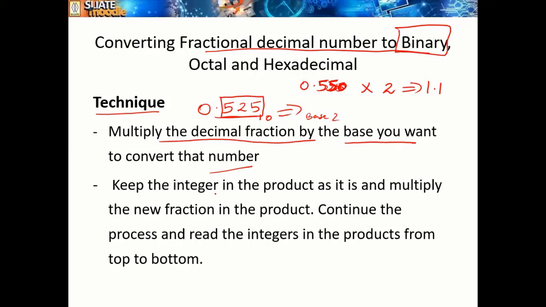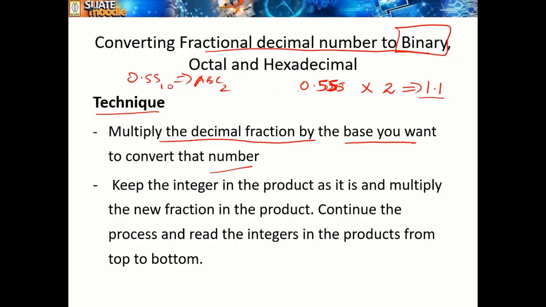Keep the integer in the product as it is. This is the product. I will show a few examples, don't worry. So 0.55 is the value, and we want to convert this to base 2. What are the steps?